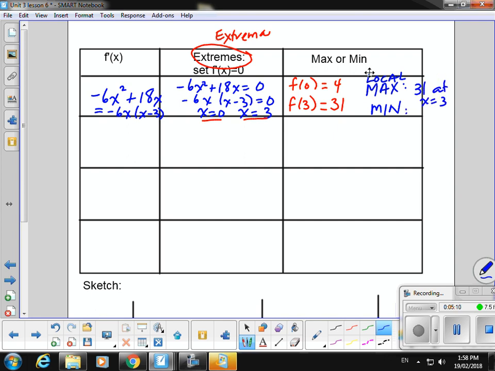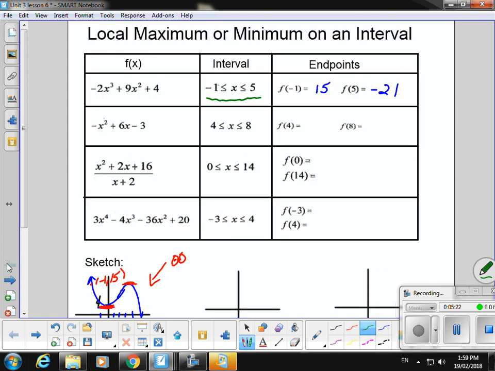There is a minimum value of negative 21 at x equals 5. So I compared these two and the two endpoints and made a choice, which is the minimum, which is the maximum of all those considerations.